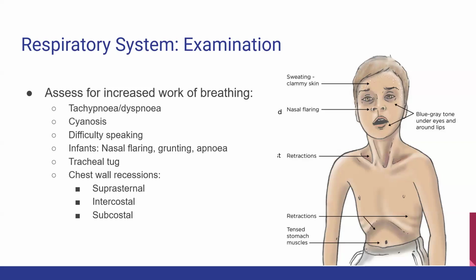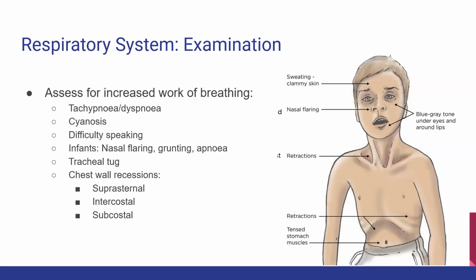And are they having nasal flaring, but especially grunting, which is a big sign of respiratory distress. Apnea, obviously, if they're having periods where they're not breathing at all, is worrying. Tracheal tug: look and see if the trachea almost looks like it's pulling down when they're breathing.